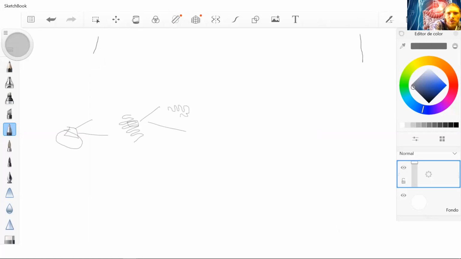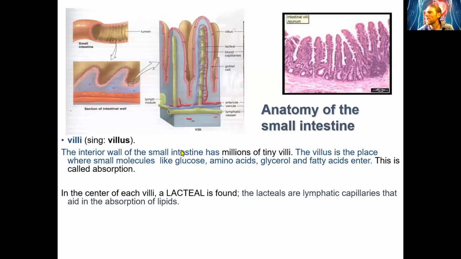And that's because all this small intestine has specialized epithelial cells, which you can see here in the microscope, and it's fully lined with villi, and those villi have cells, and those cells are very specialized to absorb all the nutrients.